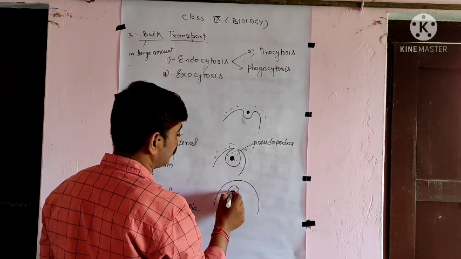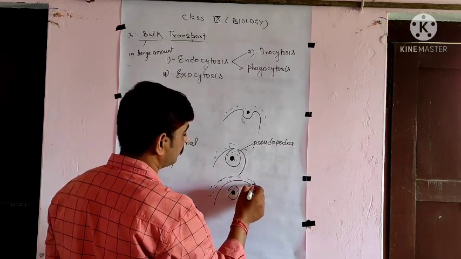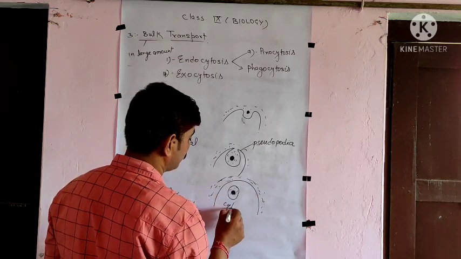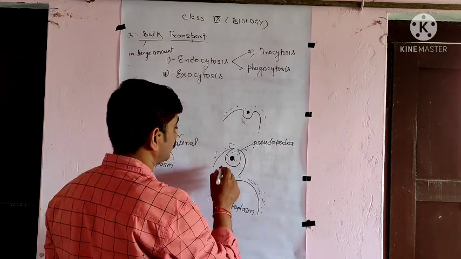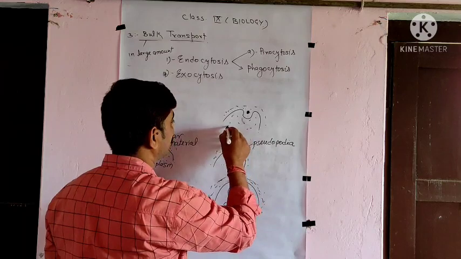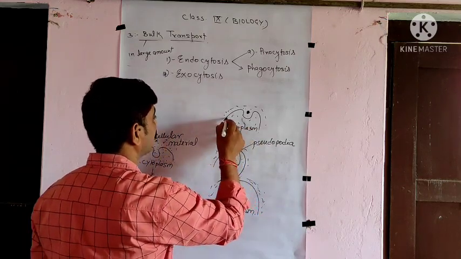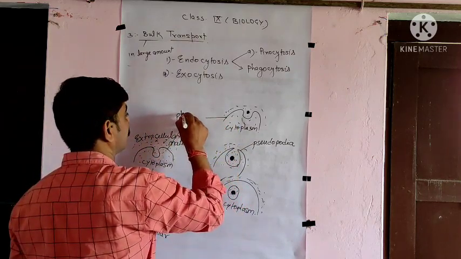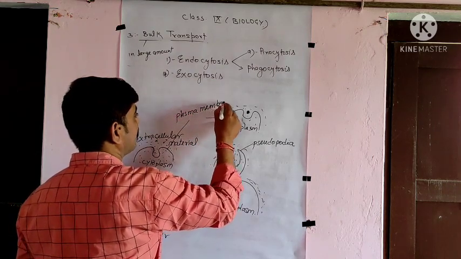This is the extracellular material. This is cytoplasm. Somewhat a small difference is there. See here, this is also cytoplasm. Okay, this layer is plasma membrane.